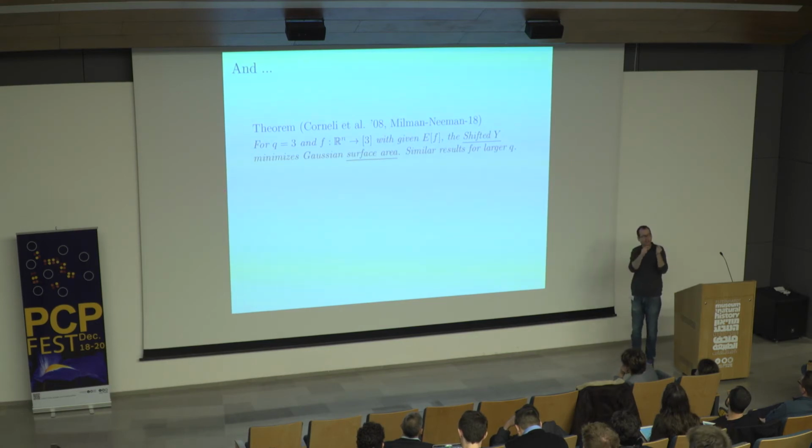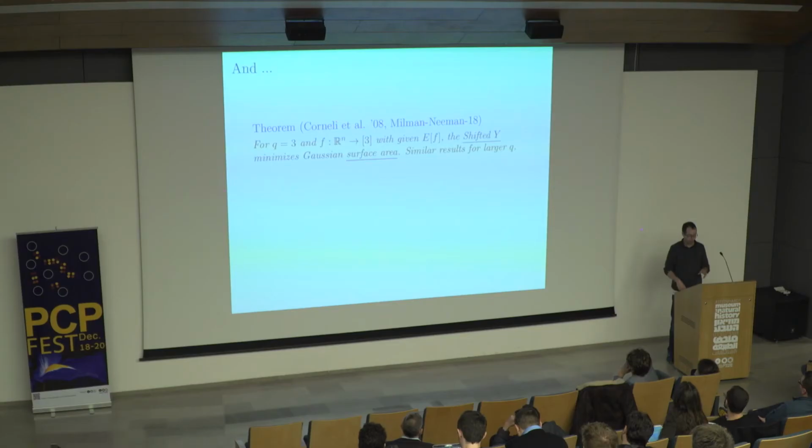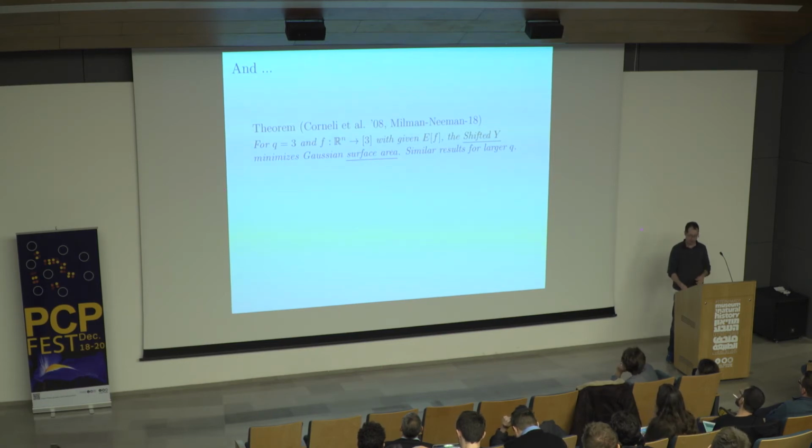You can still ask what's the probability that x is in A and y is in A as rho goes to 1. This is the isoperimetric problem. So now we have the answer to this question, and the answer is that the p sign is 2. The shifted y minimizes the Gaussian surface area. Shifted y is the same as the p sign. And there's a similar result for larger Q. This is very, very exciting. There was a partial result by Corneli et al. from about 10 years ago, but Milman and Neeman actually just nailed it for all dimensions. They did it very nicely.